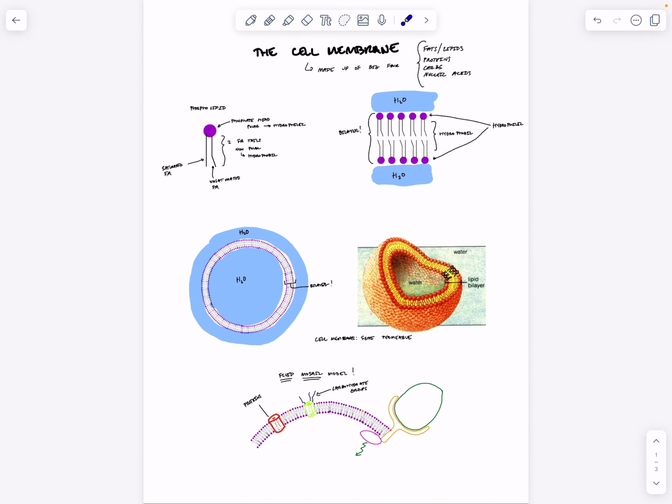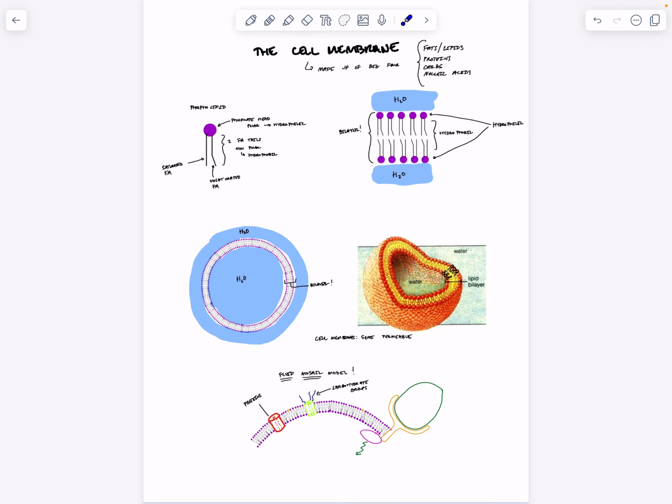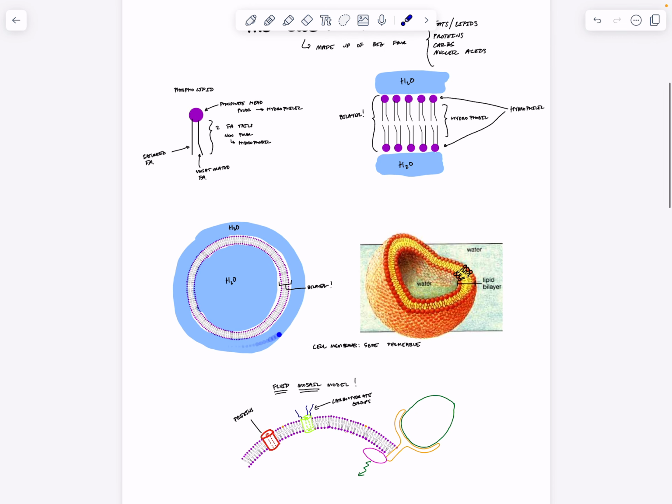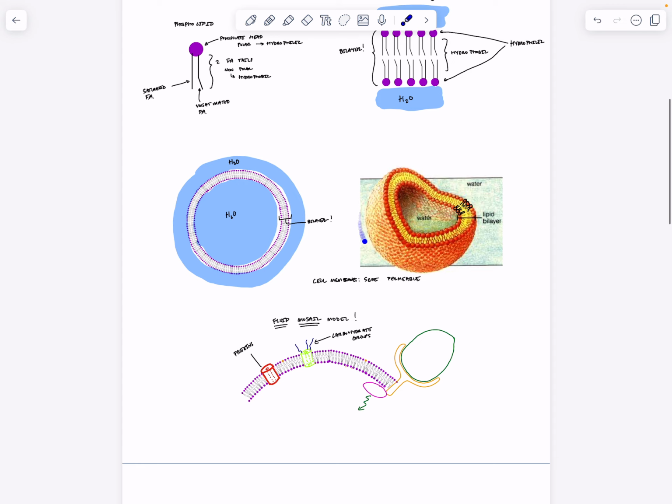Okay, that's it for this screencast. Big takeaways: a bilayer spontaneously forms because of the hydrophilic and hydrophobic nature of a phospholipid. It will form a little cell structure, and it's semi-permeable. Certain things can pass through and certain things are excluded.